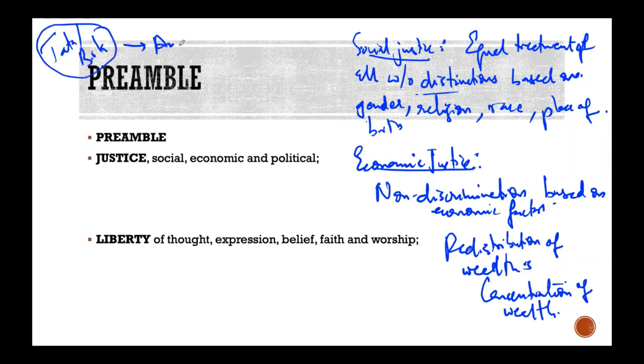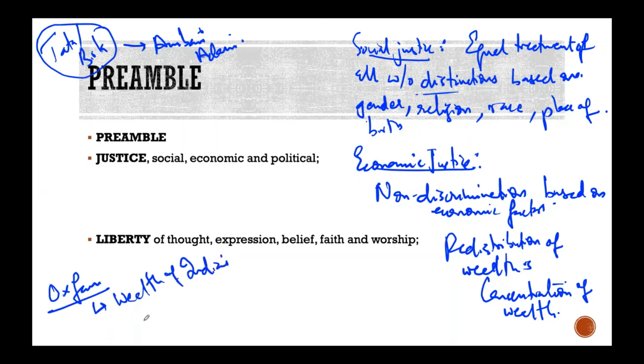And I read somewhere, based on some report, I think an Oxfam report, that the wealth of India's richest 1% is more than, I think, 70% of the poor or something like this.